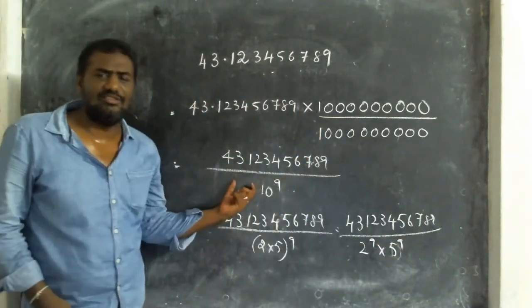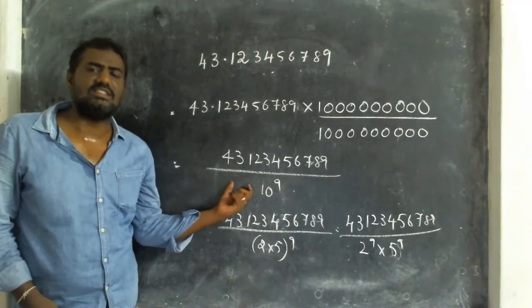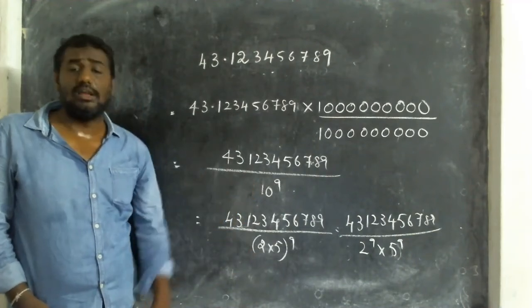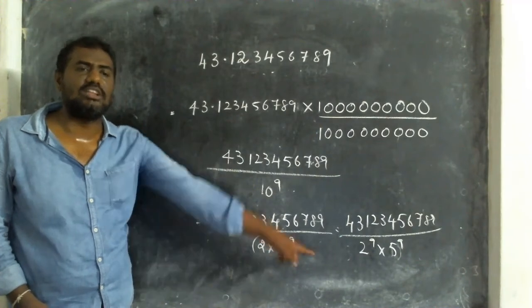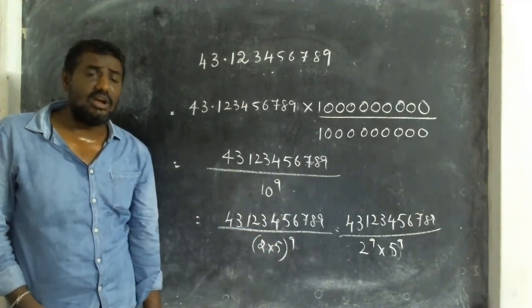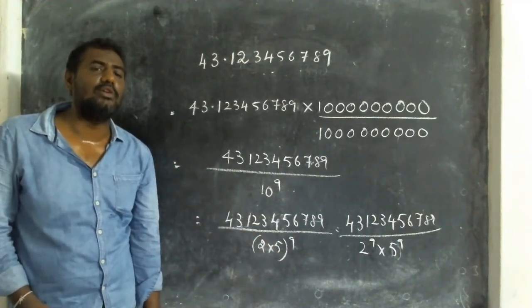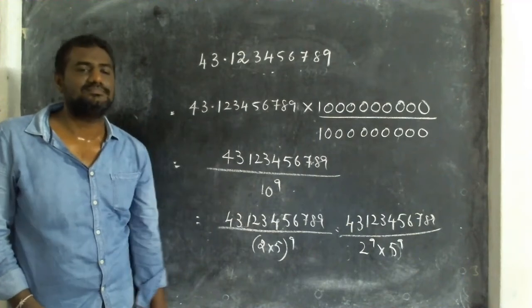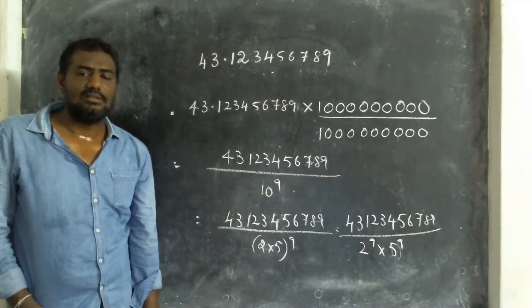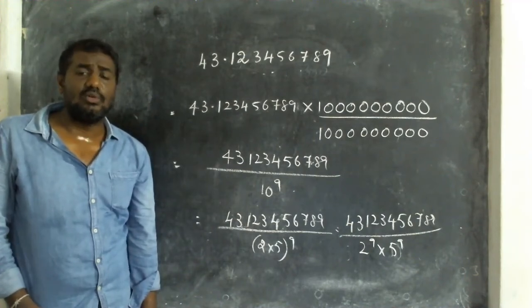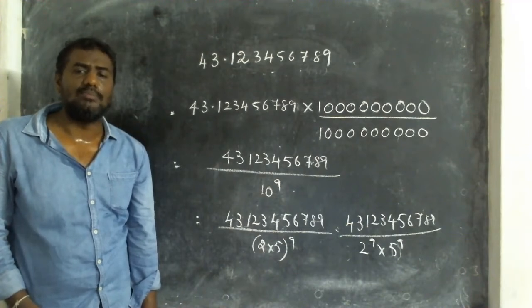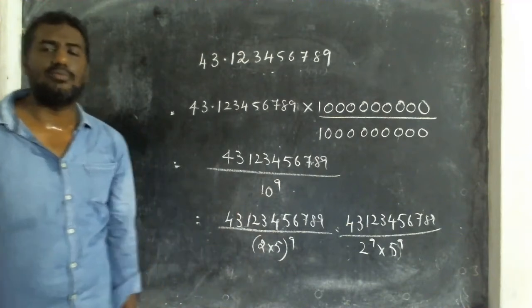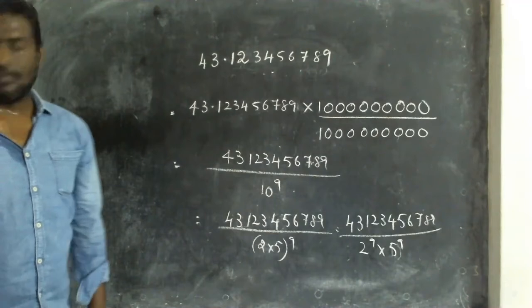Up to here it is enough. But I wrote this because in the final step they asked: what do you notice about the denominator? The denominator is in the form of 2 power m into 5 power m. You are right. That step you are done. That's why I have written it. And next question.